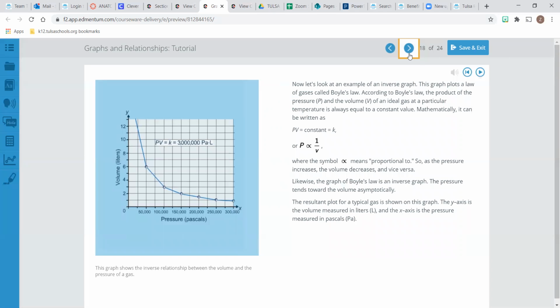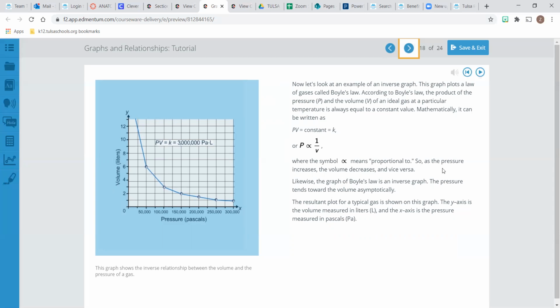P. Yeah, so pressure and volume, they will be represented with P and V, of an ideal gas at a particular temperature is always equal to a constant value. And so in a mathy way, we can say P times V equals a constant K, or P is proportional to 1 over V. And this simple symbol just means proportional to.